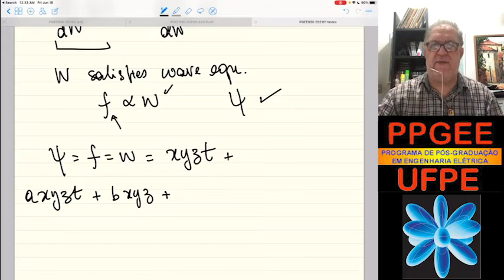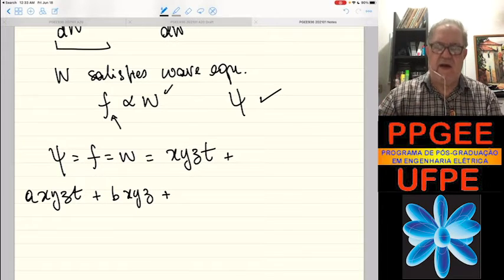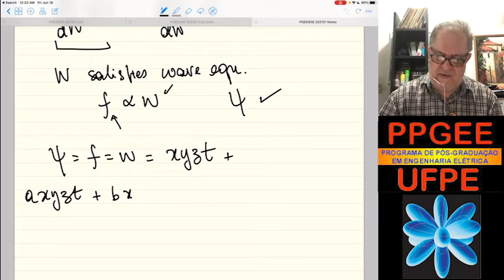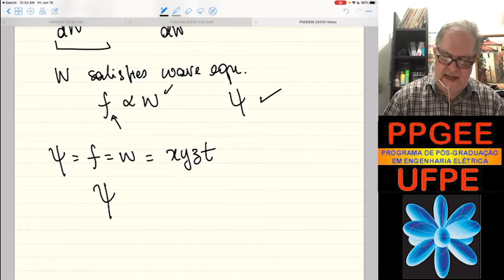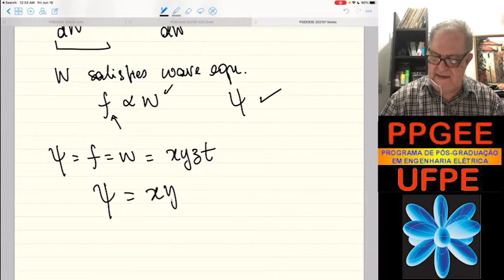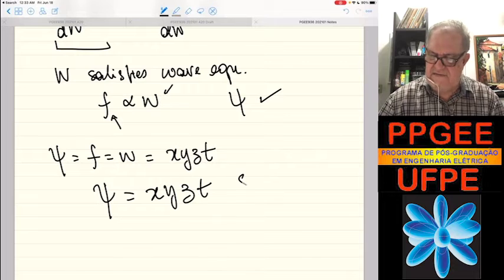Then I can make permutations and do several products. Okay, so let's just do one term only. So is this a wave? Does a solution that has this dependence satisfy the wave equation?